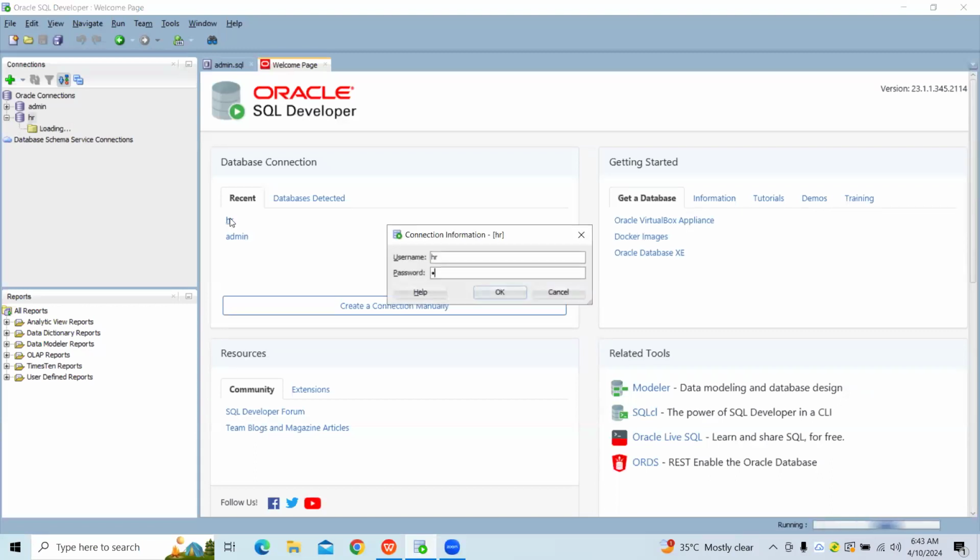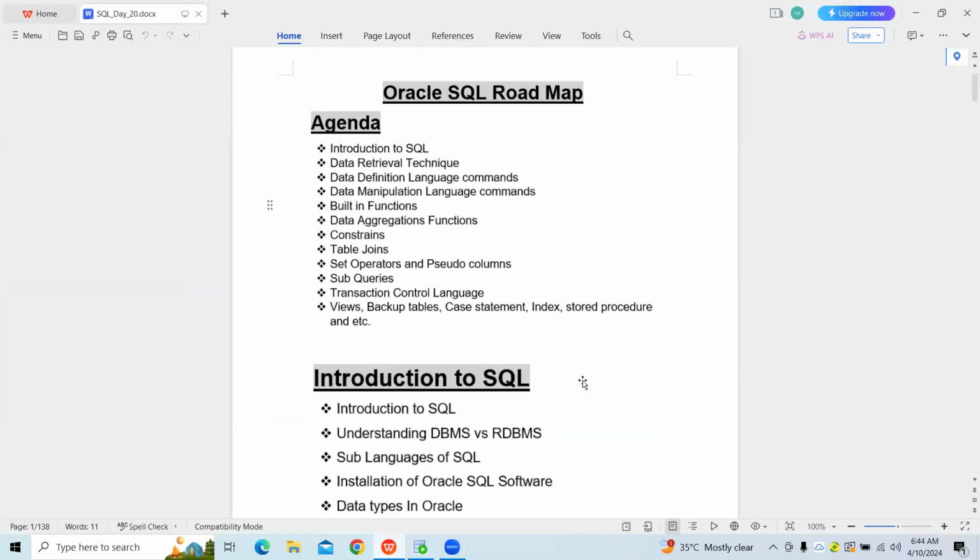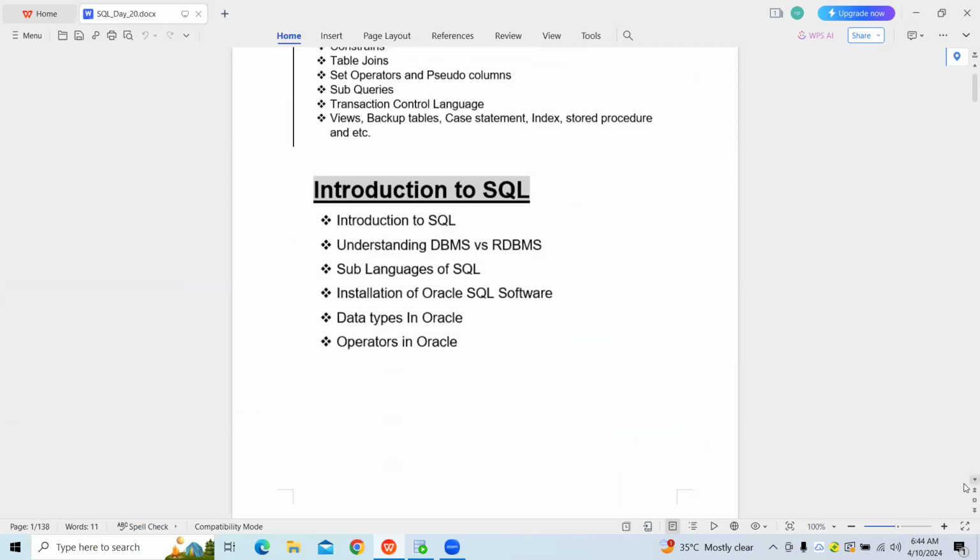So if you need to write your queries, you need to install a particular software. So there would be a live installation session for this software. After that, we'll be dealing with the data types that are present in Oracle. And apart from that, we'll be discussing operators present in Oracle. So these are the things that we are going to discuss as a part of introduction to SQL.